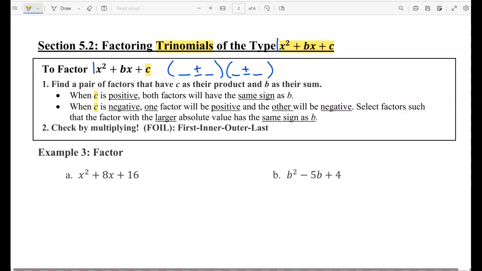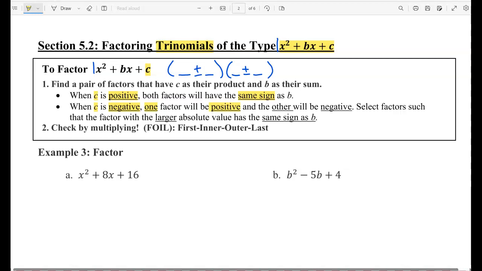So C can be positive or negative. When C is positive, both of the factors of the binomials will have the same sign. If C is negative, there'll be one factor that's positive and one factor that's negative.